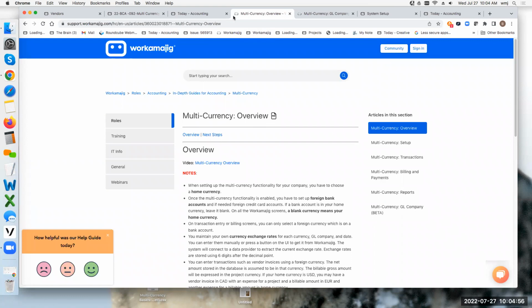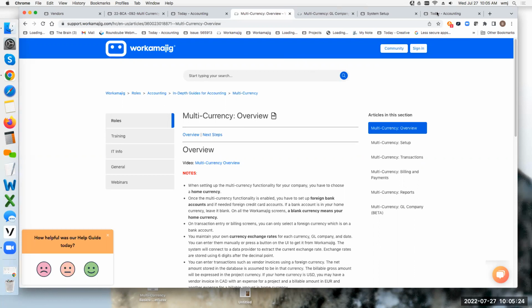This is why I think our help guide is very good as far as allowing you to set yourself up to use multi-currency. But on the other hand, it's nice to do a separate training call to go through all these differences, making sure that based on how you're going to need multi-currency, you're setting things up correctly.